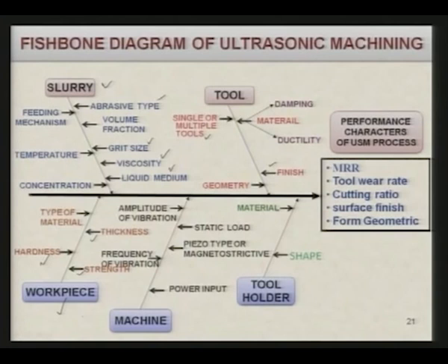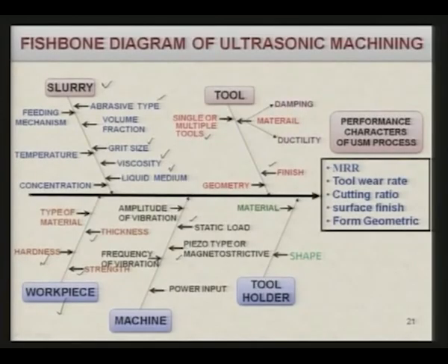Amplitude of vibration, let us see the machine, definitely amplitude of vibration is going to affect the performance of the process. Static load, how much static load is acting, that will decide with what velocity the particle is going to hit the workpiece surface.